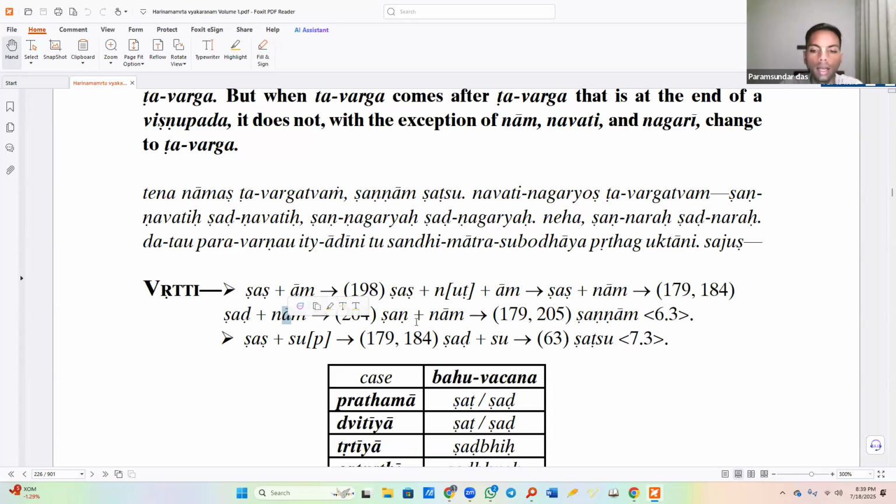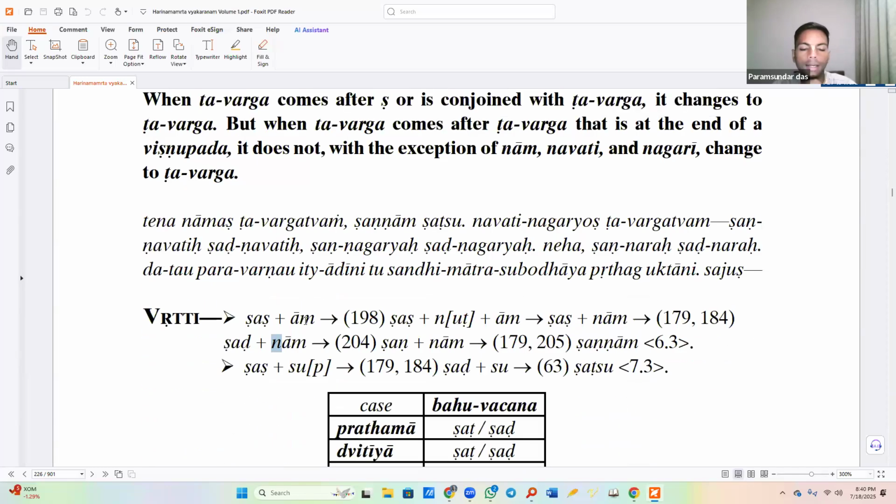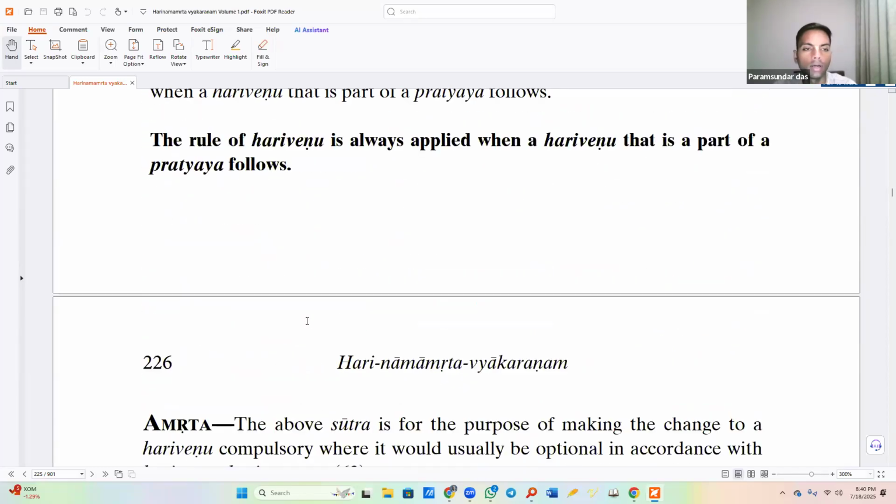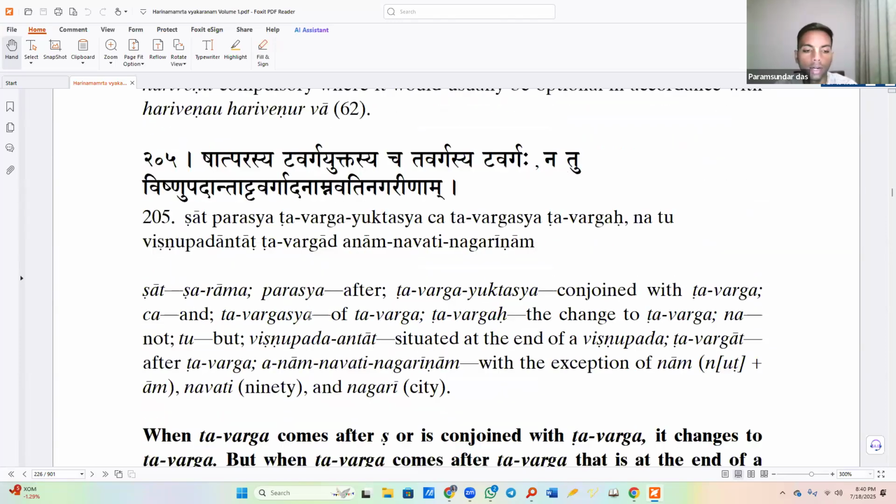Right? And then, so when we have Shat plus Nam, so Da is a Vishnu Dasa. And then we have a Harivenu following. So Harivenu, Harivenurva is applied here. But the previous rule says Nityam Harivenu Vidhi Pratyay Harivenu.